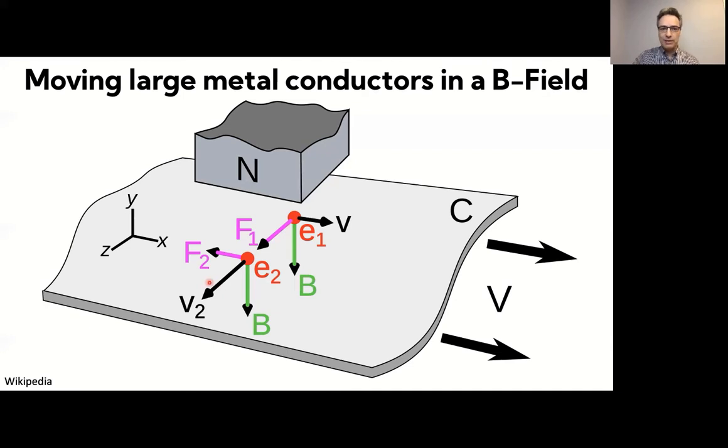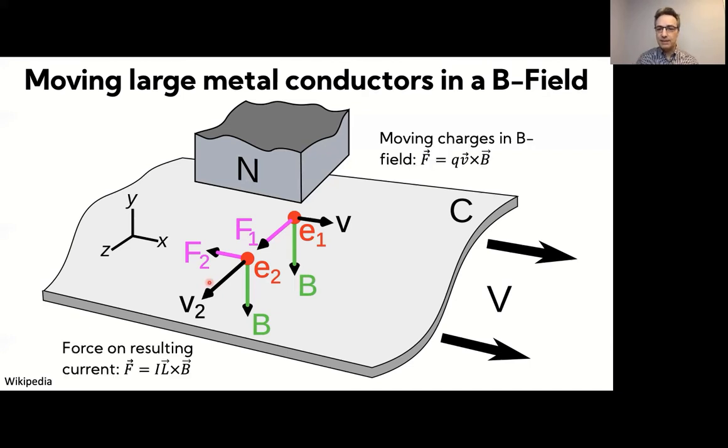Now we have to consider that there is a force on this current, right? It's a current that goes in a metal plate, not just in a wire, but it's still a current. And so the force on that current is IL cross B. The current is going up, the field is going down. So the right-hand rule tells us that this will result in this backward force F2, right? So there is a force opposing your pulling the plate under that magnet.